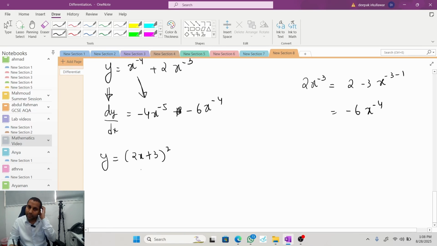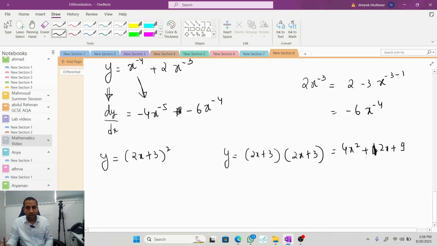So I can write this as 2x plus 3 times 2x plus 3. I will multiply this and I will get 4x square plus 6x plus 6x, which is 12x, plus 9.